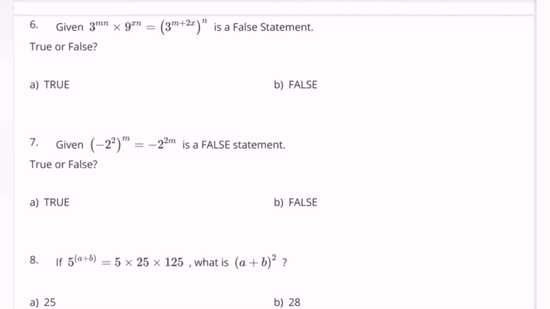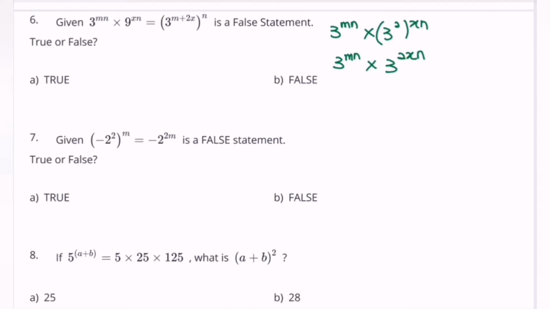Next, refer to question number 6. Given the situation, 3 to the power of mn multiplied with 9 to the power of xn. Simplify the situation, 3 to the power of mn multiplied with 3 to the power of 2 bracket where we have xn. Rewrite the situation: 3 to the power of mn multiplied with 3 to the power of 2xn.